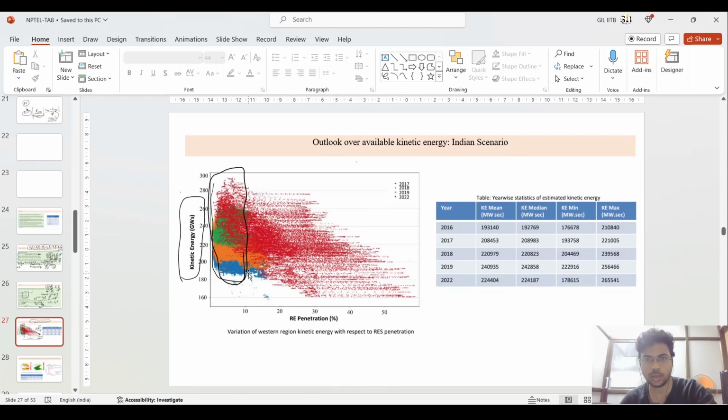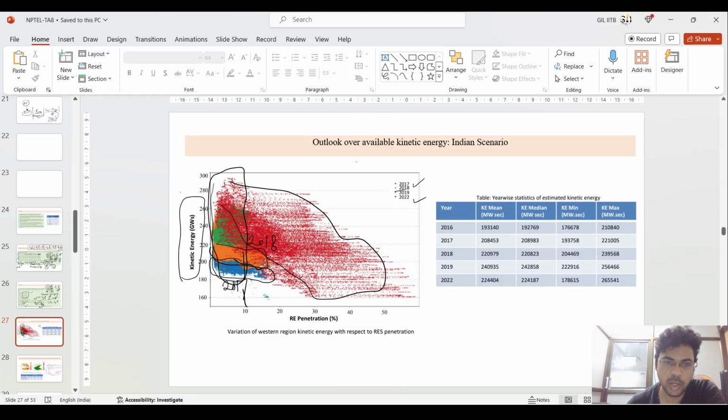Okay, thank you. If you see this image, I will explain it again here. Initially, when the RE penetration from 2017 to 2022 was lower, this blue line is for the initial 2017 level, this yellow curve is for 2018, and 2022 is the red point.